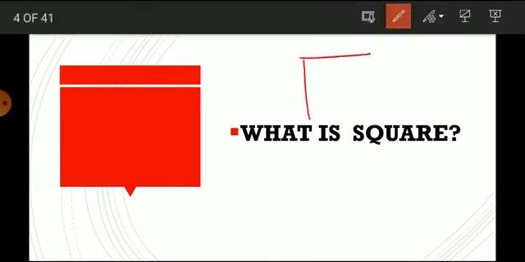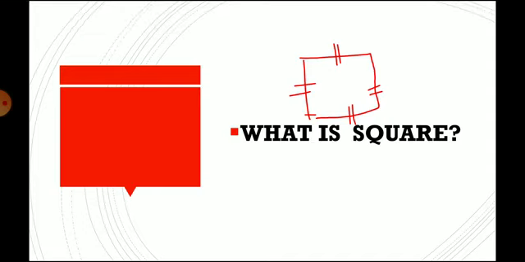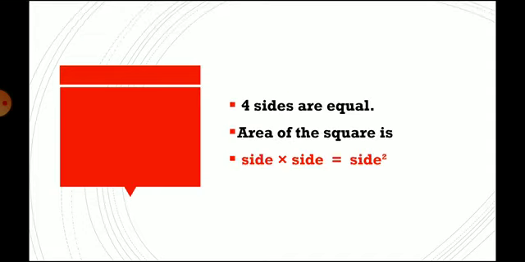This shape is called a square. Here the four sides are equal. If one side is 4 centimeters or 4 meters, the other three sides are also 4 centimeters or meters. The four sides are equal in a square.